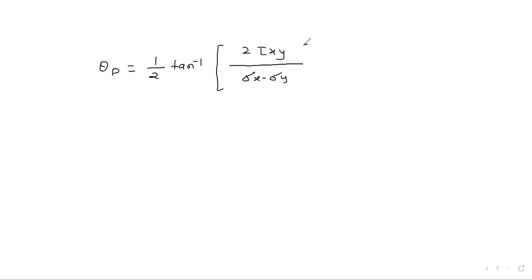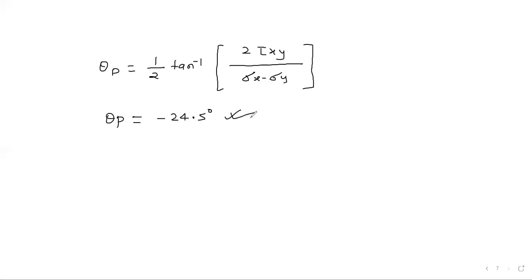So if you know sigma x, sigma y, and tau xy, you can calculate the remaining sigma 1, sigma 2, and theta p. Once you put in these values, you will get minus 24.5 degree. This is theta p.